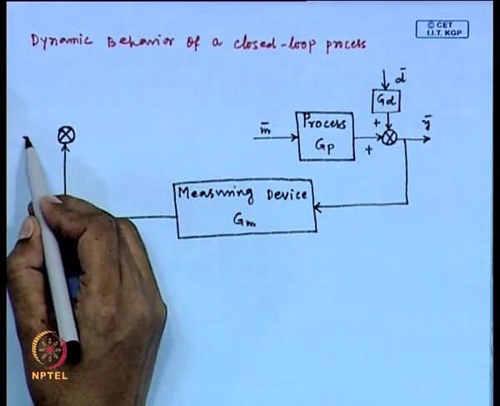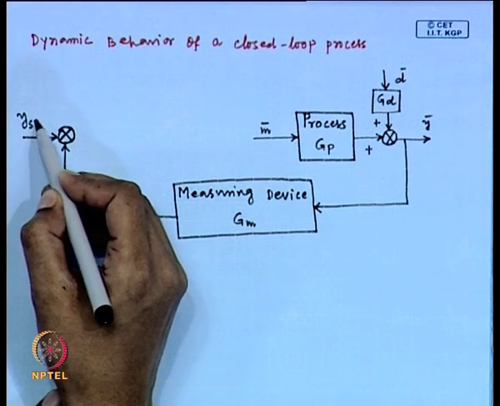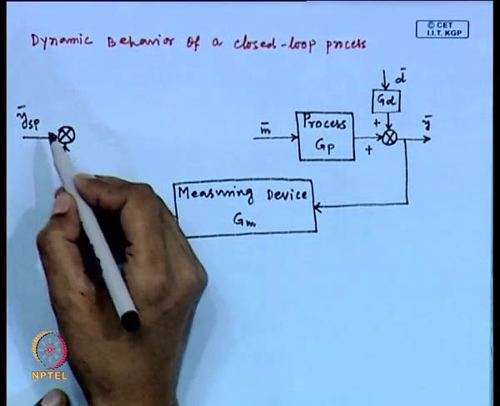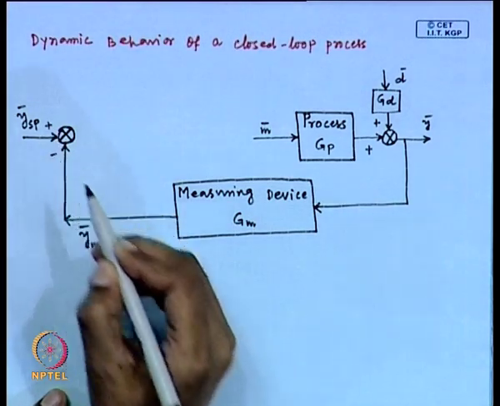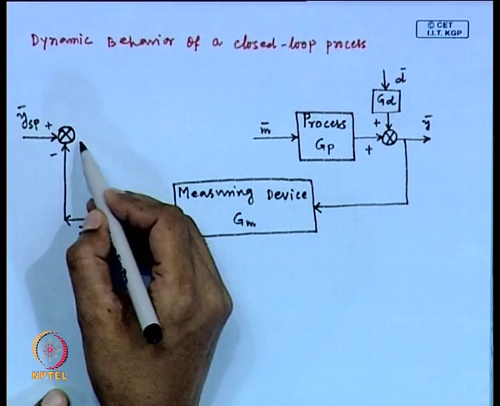Then this measured output is compared in the comparator with the set point value of process output.